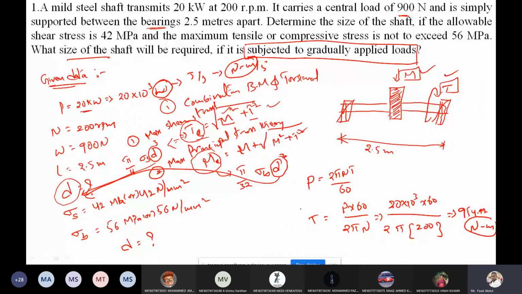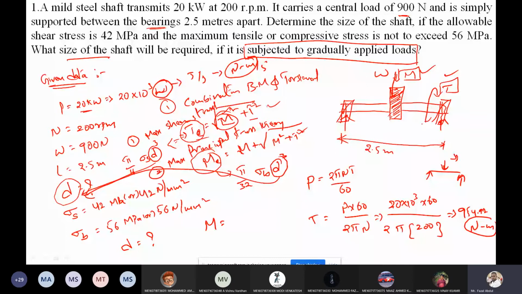The next thing is the M value. To calculate the M value, go to the system diagram here. It is like a simply supported beam. At the two ends it is supported, and at the middle the load is applied. In this case, what is the bending moment equation for a simply supported beam carrying a central load at mid span?